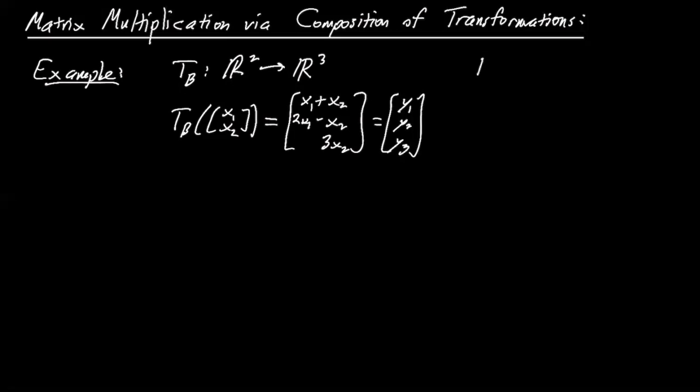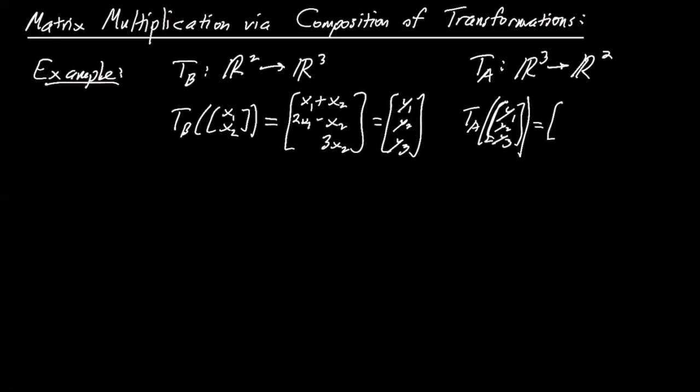But I also want to define over here another transformation from R3 back to R2. I'm going to have the inputs be y1, y2, y3. Let's do y1 minus y2 plus y3 and 2y1 minus 3y3.